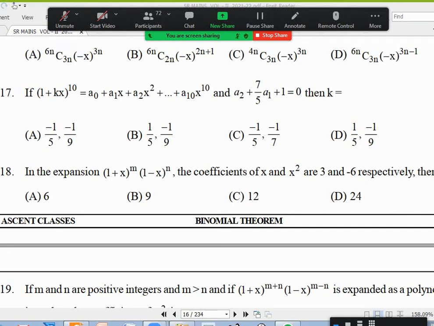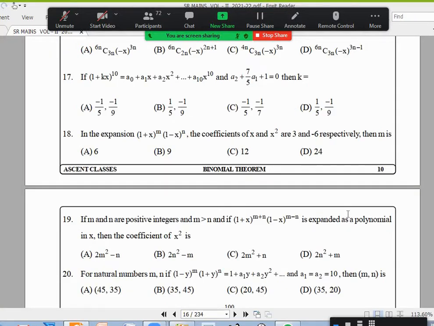Okay, 17, they want A1 and A2, the x coefficient and x square coefficient. One plus kx whole power 10.